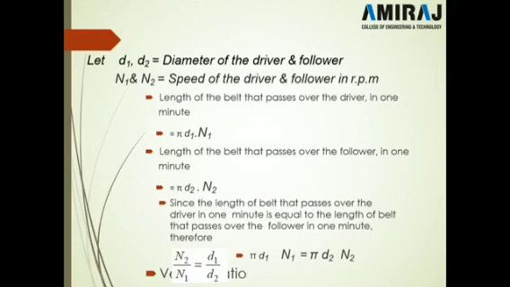The length of the belt that passes over the driver in 1 minute, right? The belt which is wound on the driver, or you can say the belt which passes the driver in 1 minute, is the periphery of the driver multiplied by the angular speed.